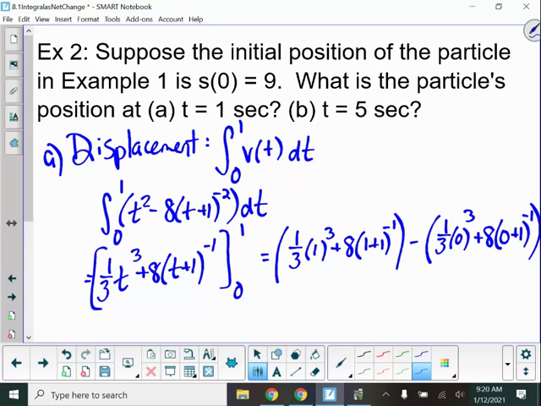So 1/3 plus 8 times (1 plus 1) to the negative 1. Well, 1 plus 1 is 2, to the negative 1 means this is going to be 8 over 2. So this is going to be 1/3 plus 4. Over here, this is 0. 1 to the negative 1 power is still 1, so 8 divided by 1 is 8. So I have 1/3 plus 4 minus 8, which is going to give me negative 11/3.